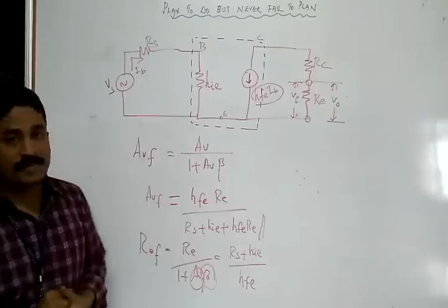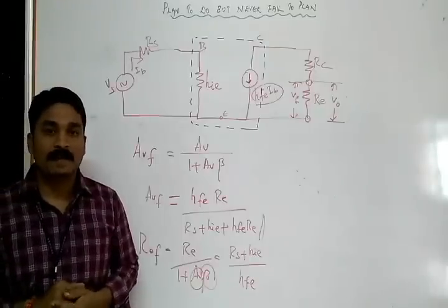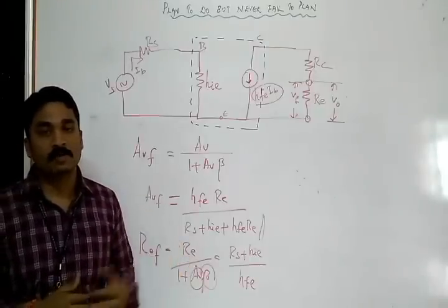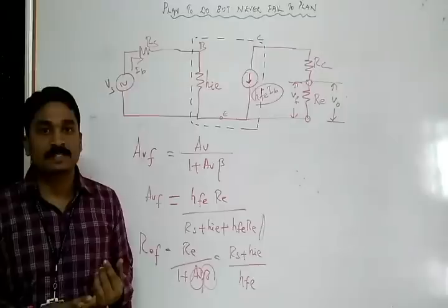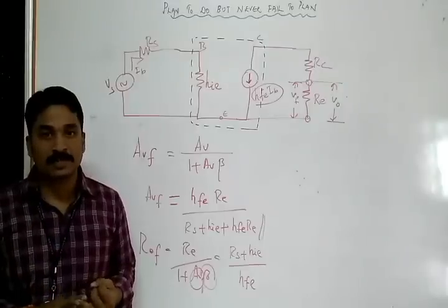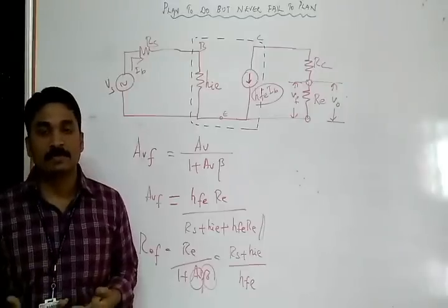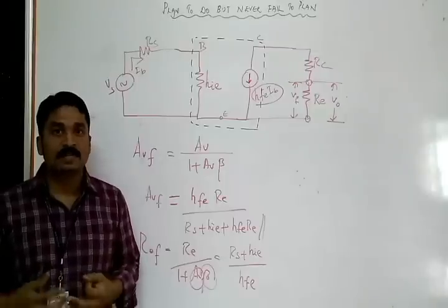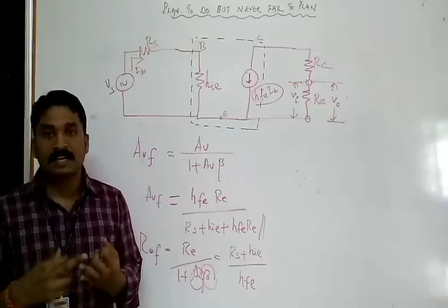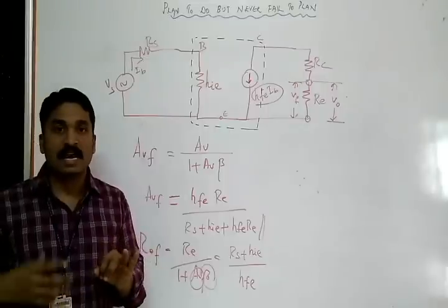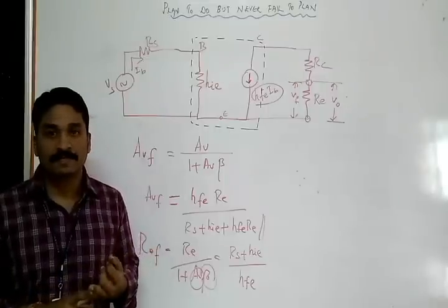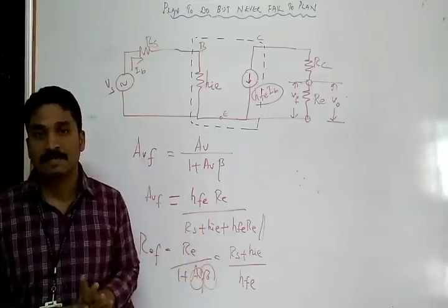So this is how we have to analyze the feedback amplifiers. First of all, we have to find what type of amplifier it is, and then draw the input side and output side circuits. Finally, replace the circuit by using the H parameter model and get beta and AV at first, and then we'll get 1 plus AV beta. This is for the voltage series feedback amplifier.